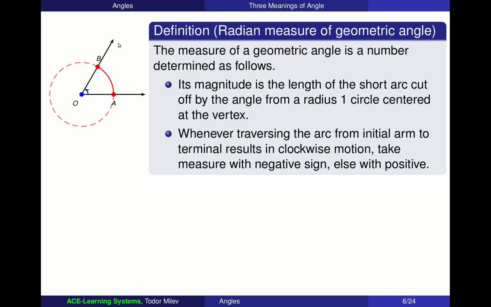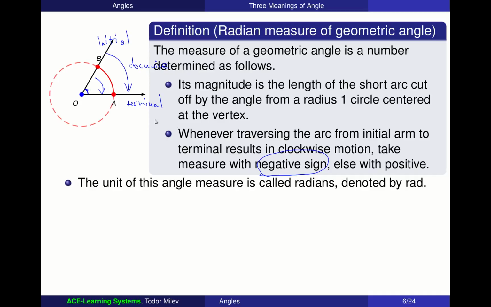If this is the initial arm and this is the terminal arm, then in order to go from the initial to the terminal arm along the short arc, we'd have to go clockwise. Clockwise means negative sign. So that angle would be negative, and if we were to move in the opposite direction, that would be a positive angle.